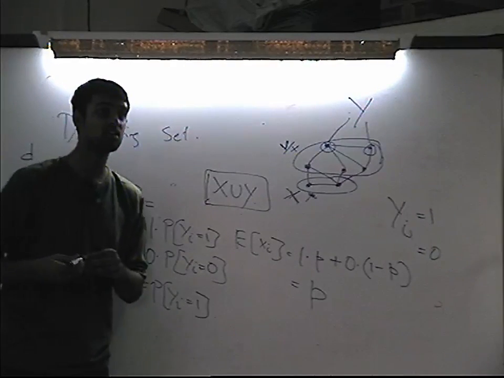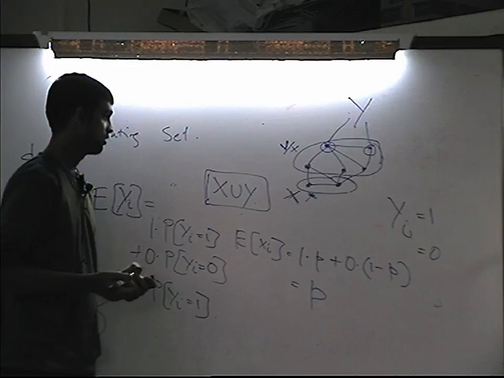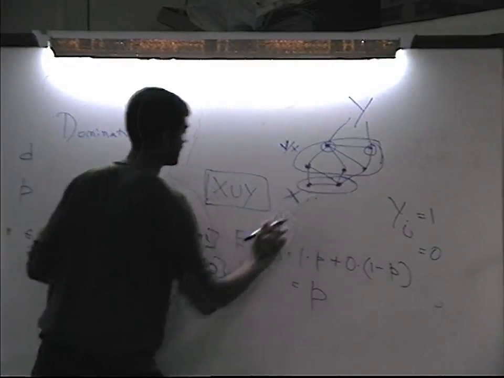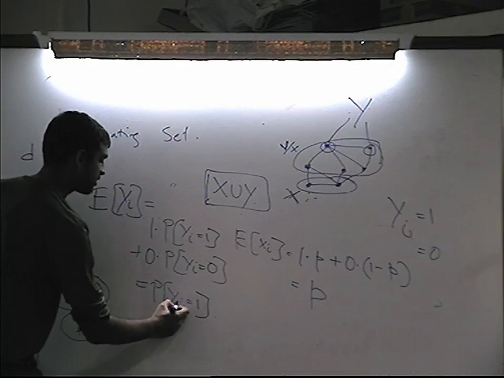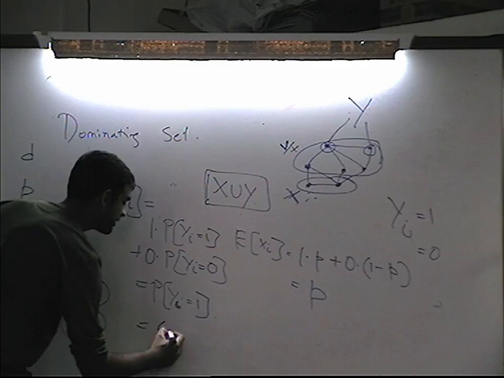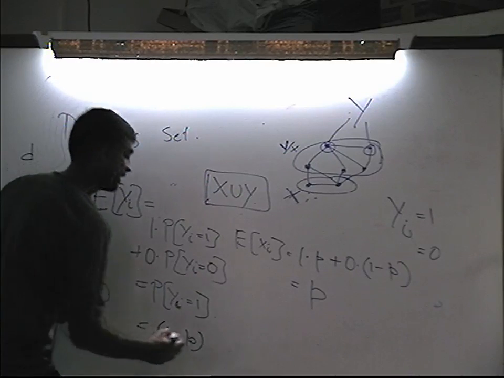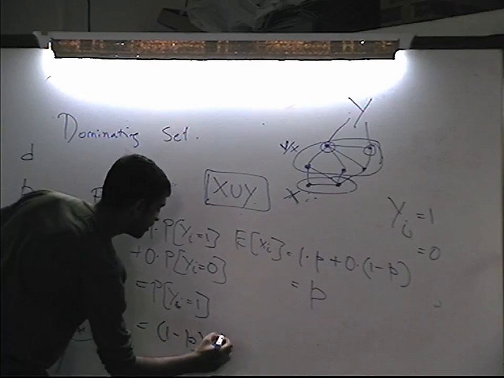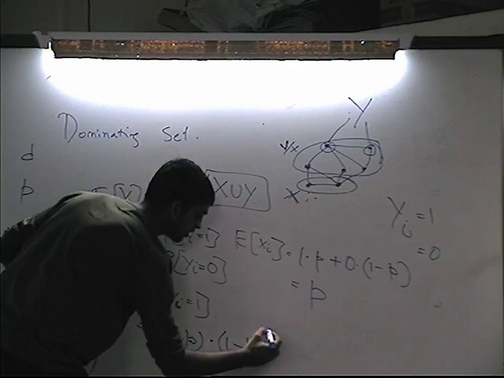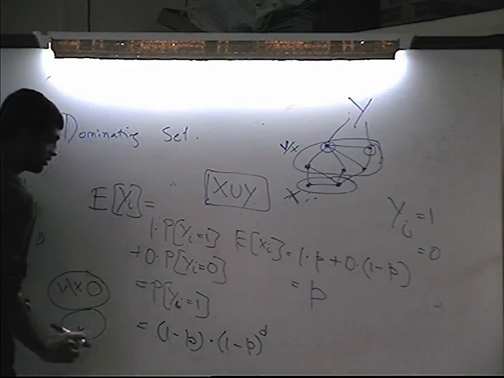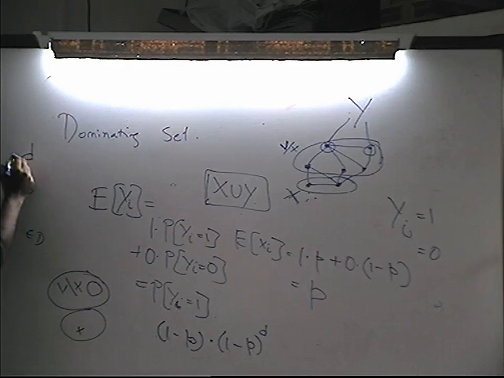Actually, there's something slightly off there. So, what this would be is, let me take the vertex I. The probability that it is not in X is 1 minus p, and since none of its neighbors are also in X, and d being its minimum degree, it is 1 minus p power d, and we have the degrees at least d, right?